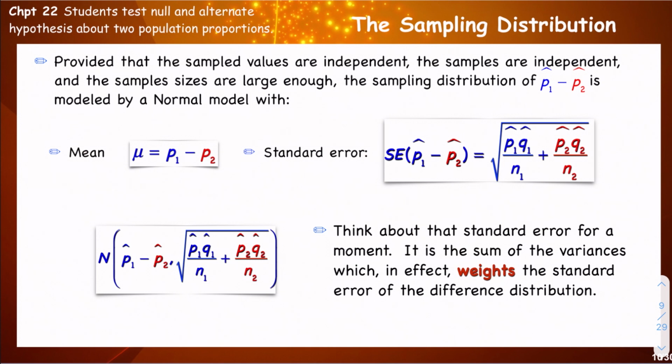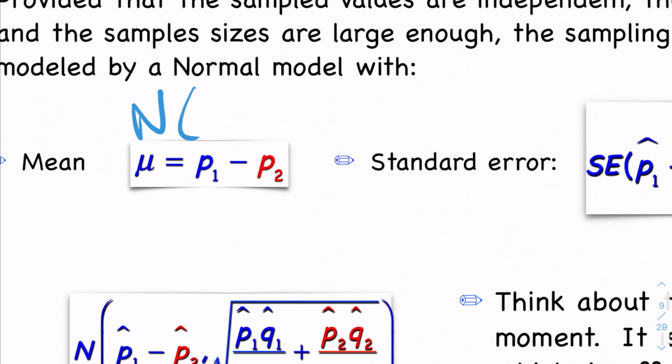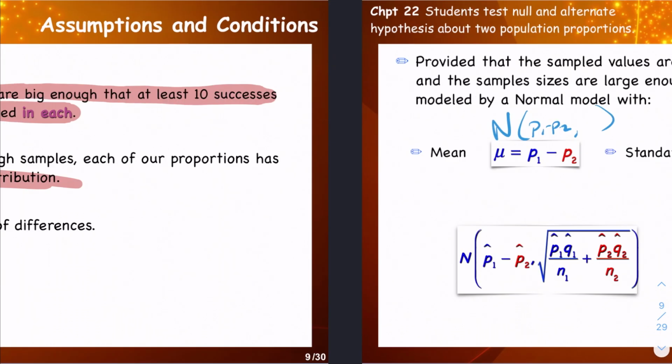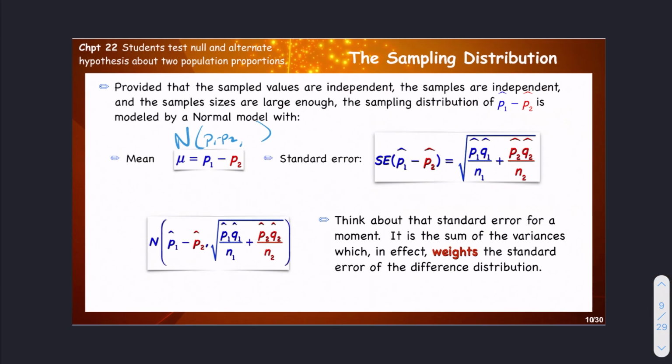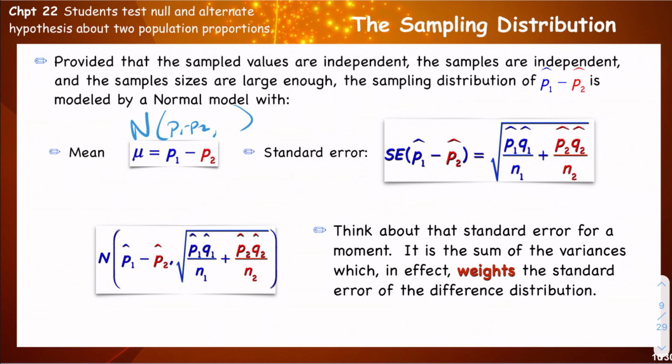So provided the sampled values are independent, the samples are independent, and the sample sizes are large enough, the sampling distribution of p1 hat minus p2 hat is modeled with the normal model with our mean being the difference in the proportions and the standard error being the square root of the sum of the two variances. So think about that for standard error for a moment. It is the sum of the variances, which in effect weights the standard error of the difference distribution.